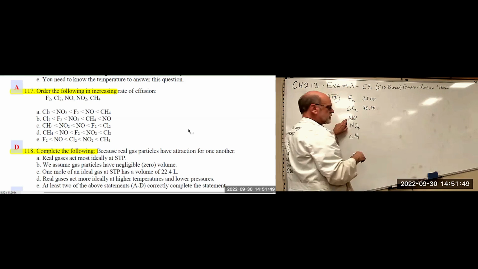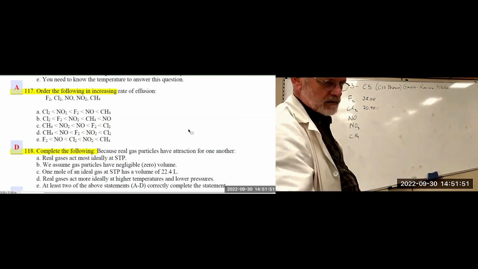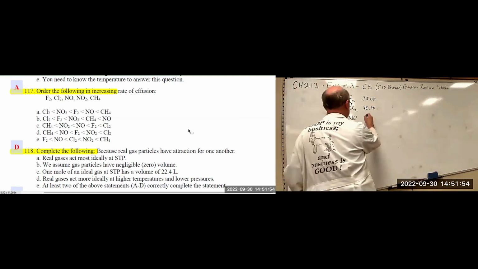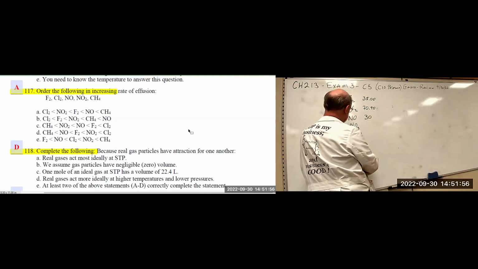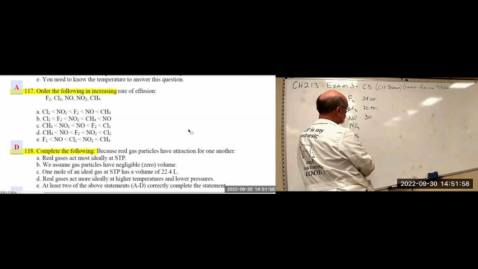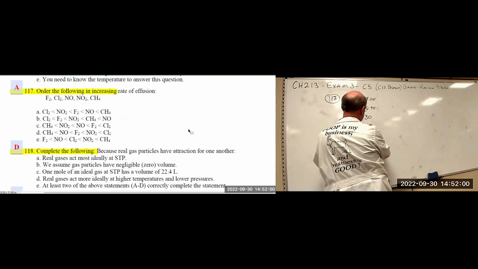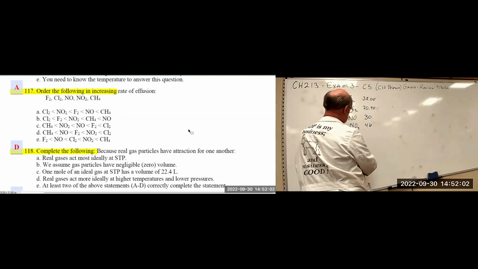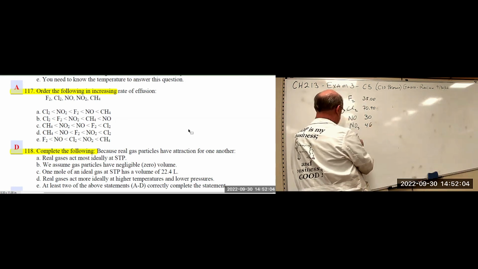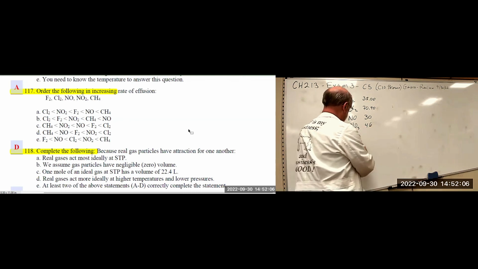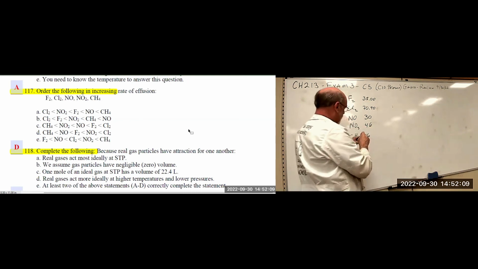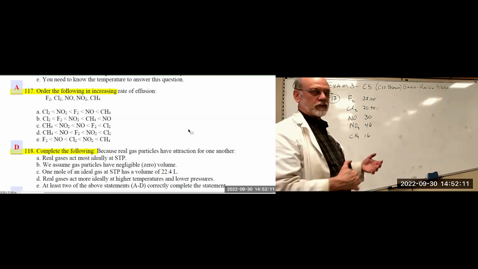This is going to be 14 plus 16, 30. This one's going to be 14 plus 32, which should be 46. And this one's going to be 12 plus 4, about 16. I don't have to be exact to put them in order.